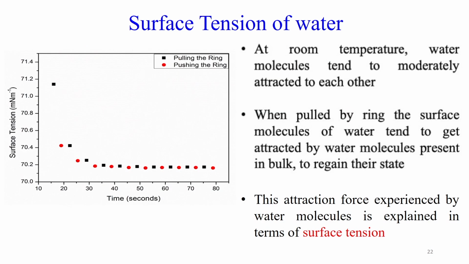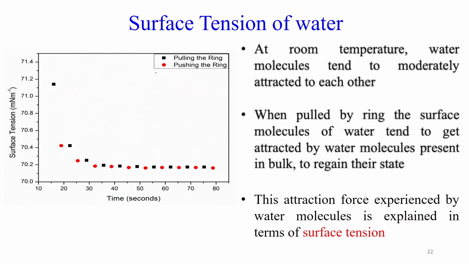In this method the surface tension of water was measured, and if you just see, there are two phenomena happening. One is the pulling of the ring, then the pushing of the ring. When it pushes the ring, it again experiences some resistance that is equal to the surface tension, and if it is pulled, it again experiences almost similar resistance that is equal to the surface tension.